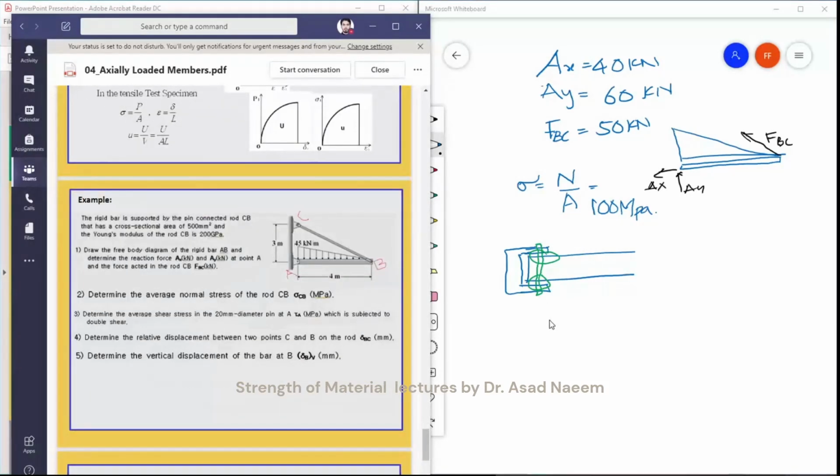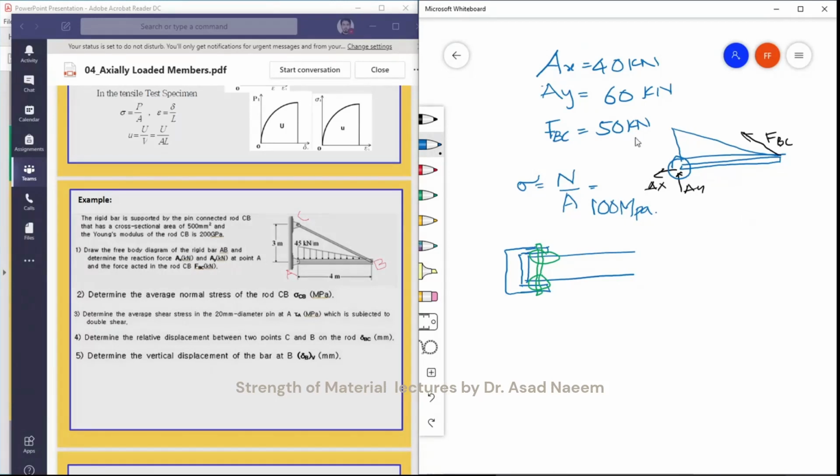Okay, so for this, the pin is at position A. At A we have two forces, which are 40 kilonewton and 60 kilonewton. To calculate shear, we need the total force which will cause shear over its area.